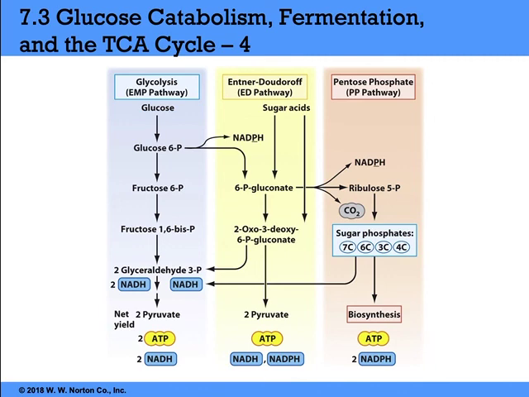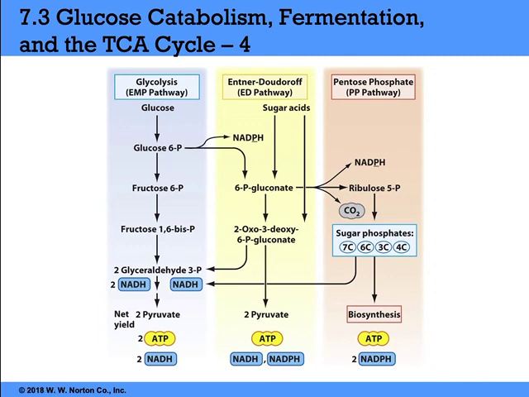All right. So with glucose, what happens is that you run this pathway twice, right? And both of those pyruvates end up going into the Krebs cycle. Now, in the Entner-Doudoroff pathway, we have sugars that can be converted into 6-phosphogluconate, all right?